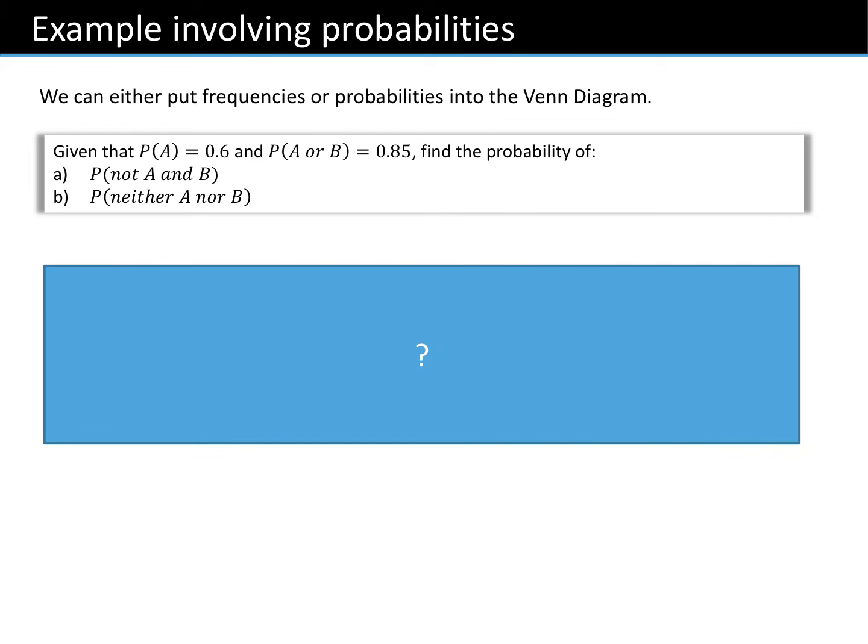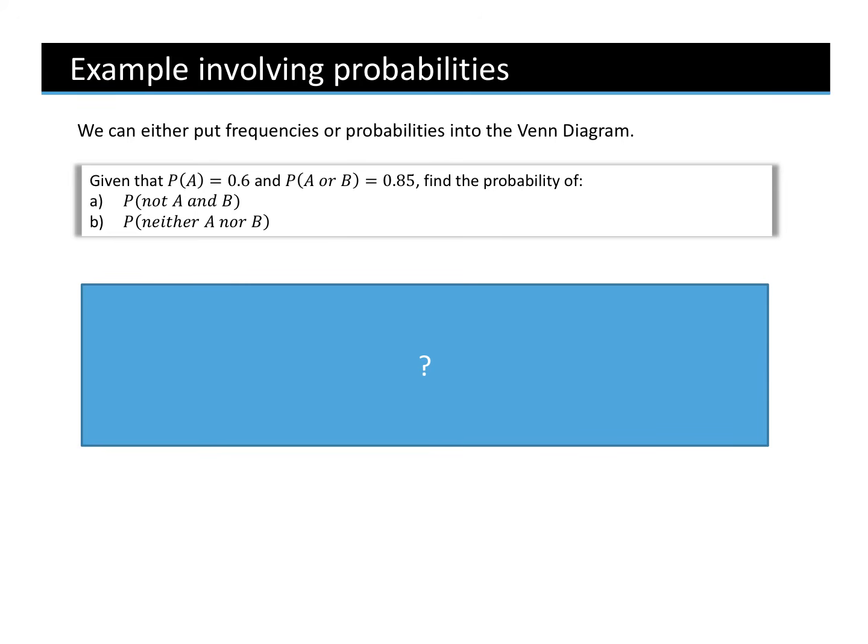Okay then, so when we have these frequencies, we can put them into probability diagrams. What is easy to do is to draw a probability diagram and think about what's going on. First of all, we have the probability of A is 0.6 and the probability of B. So you know when you're drawing this Venn diagram, how many circles you're going to have? 2.